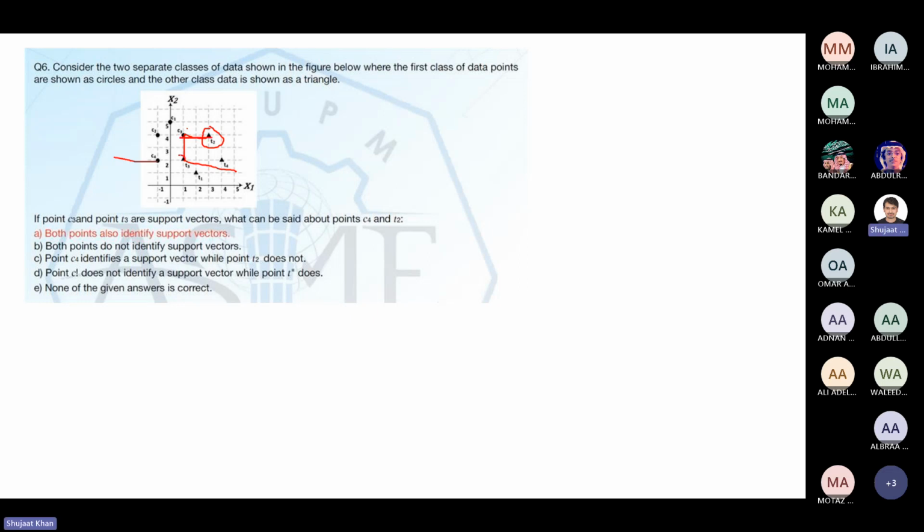because T3 is parallel to T2. This is why if you remove either T3 or T2, if you remove this one or this one, the margin will not change.